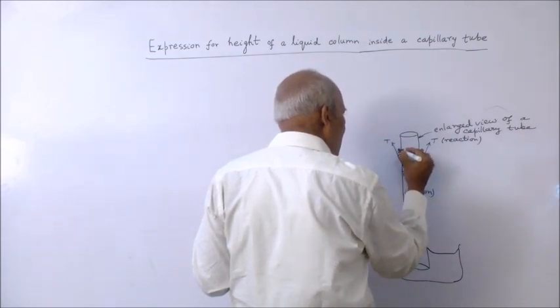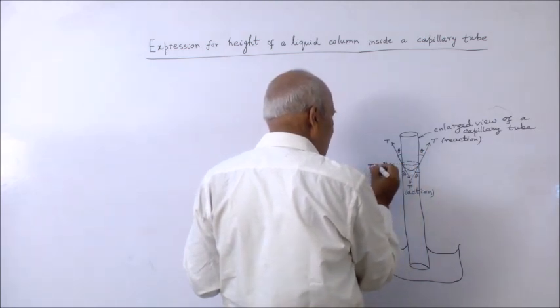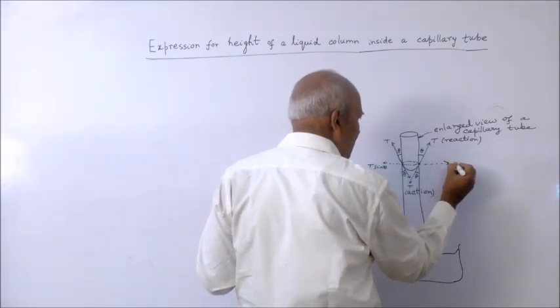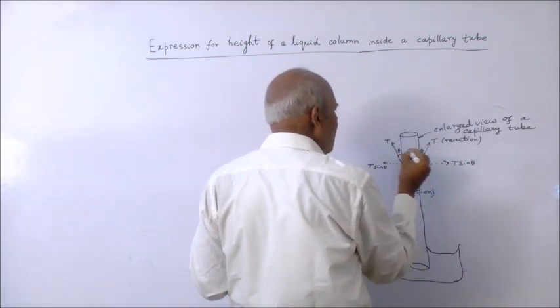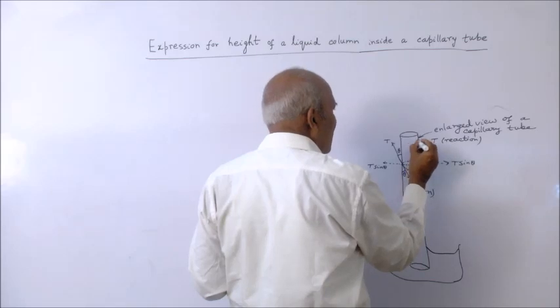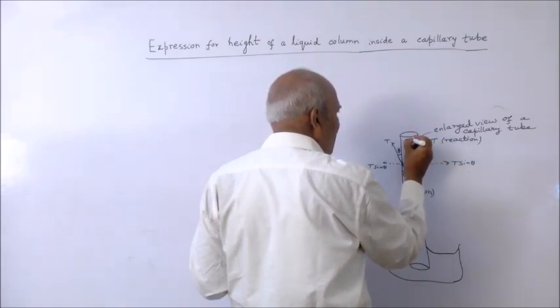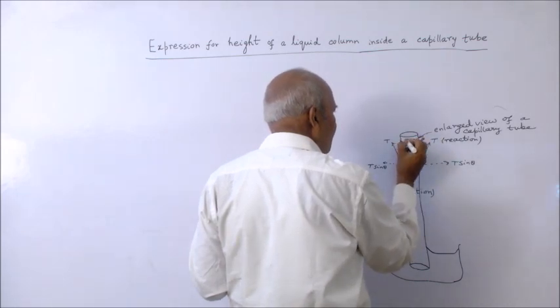So, this is theta, and if you resolve it, it becomes T sin theta, and this side also T sin theta. They cancel out, acting on the same body, equal and opposite, but there is a force T cos theta acting vertically. This is also T cos theta.